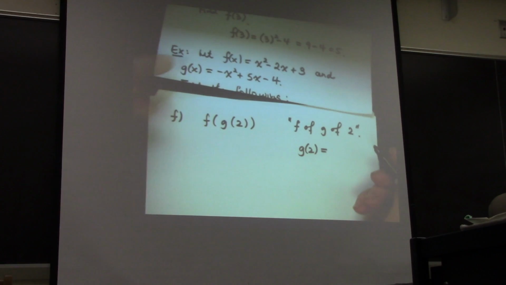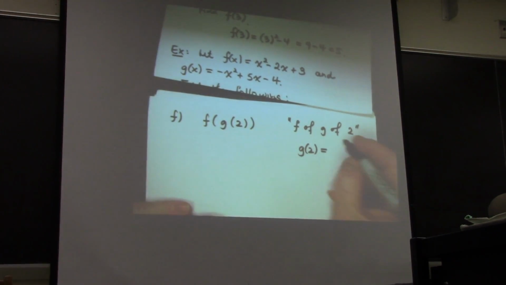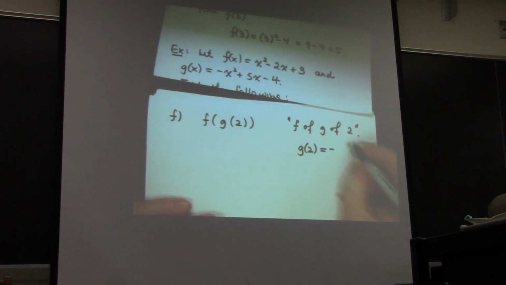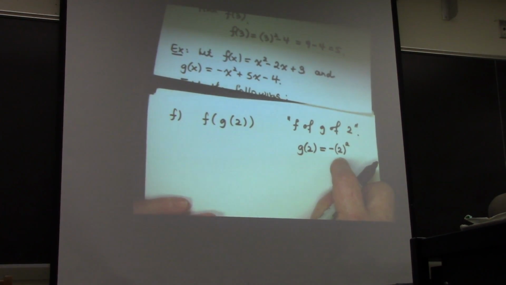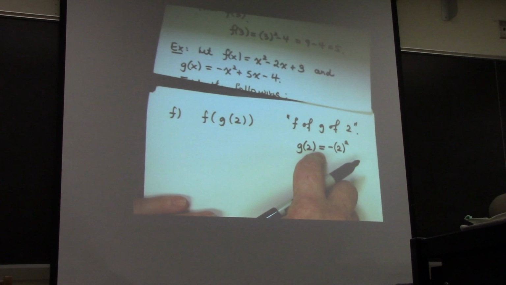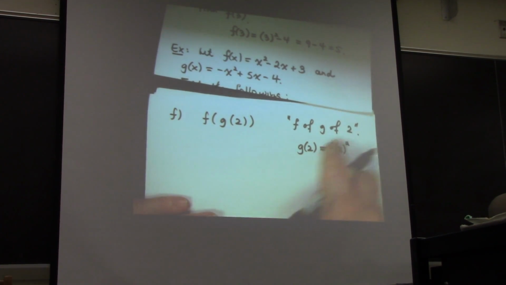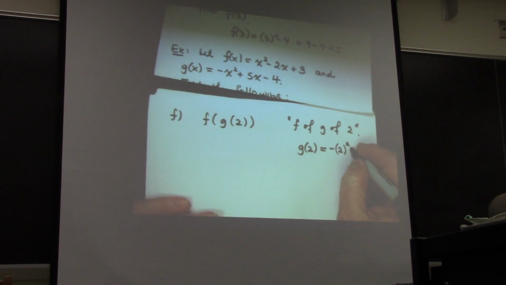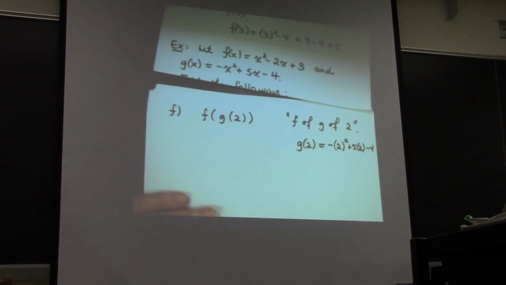Now we're putting a positive number in here. Negative. Now, it's just the 2 that is squared, and then you stick a negative in front. So square the 2, negative in front. Plus 5 times 2 minus 4.